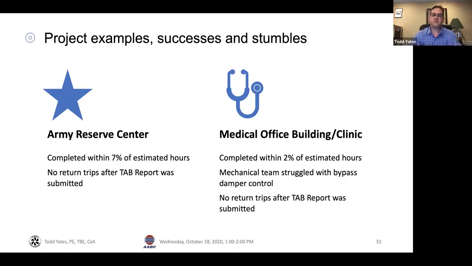The medical office building was completed within 2% of our estimated hours, and the mechanical team, even with our effort, struggled with the control of those bypass dampers, but eventually they got it worked out.